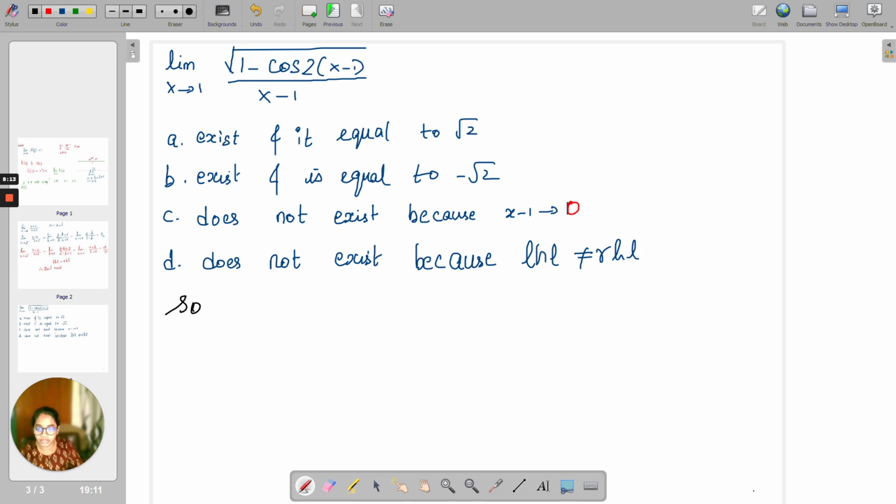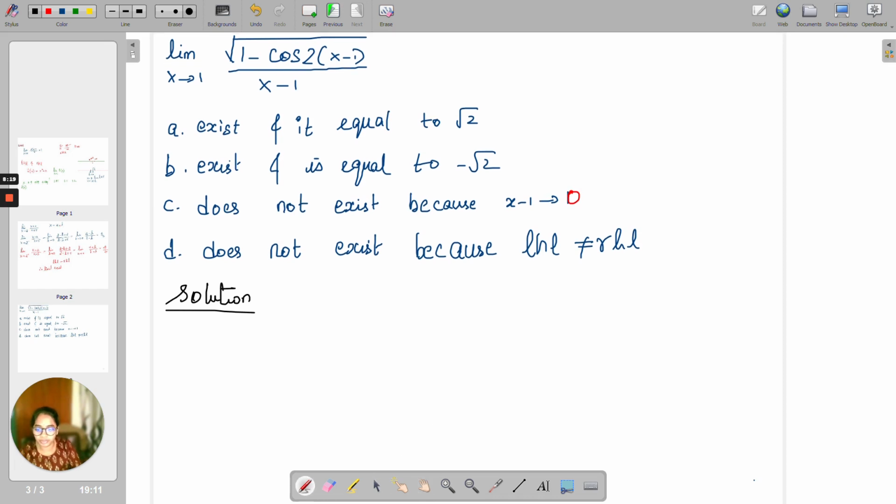Okay, so now let me write the given question, that is limit x tends to 1, square root of 1 minus cos 2 into x minus 1 divided by x minus 1.